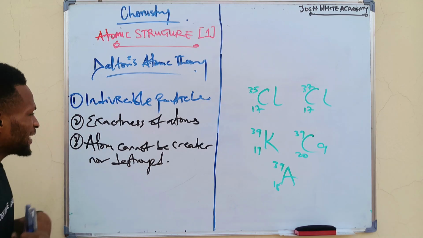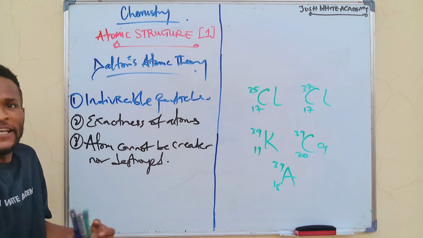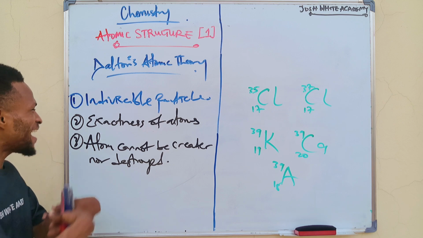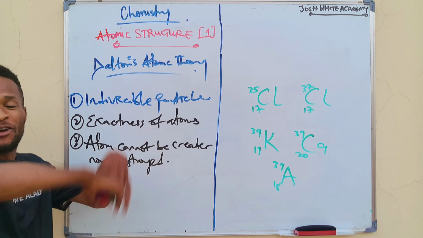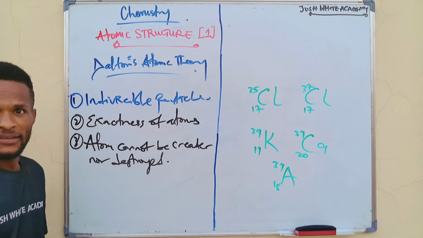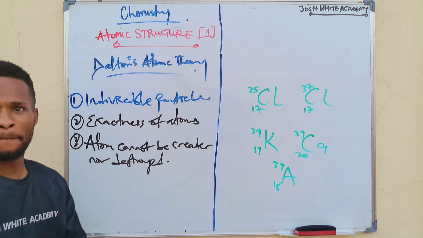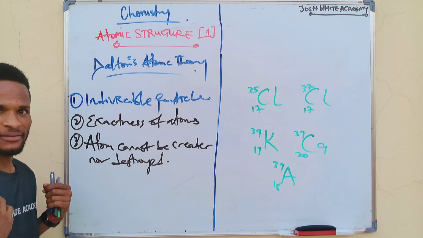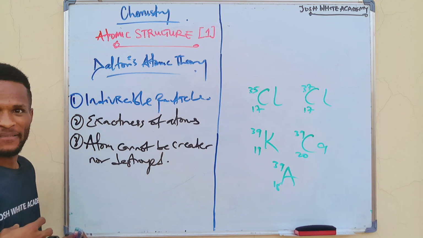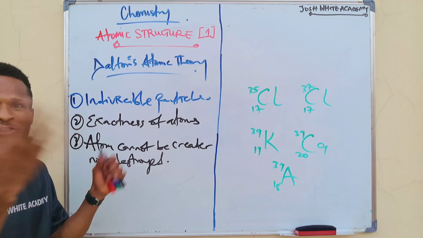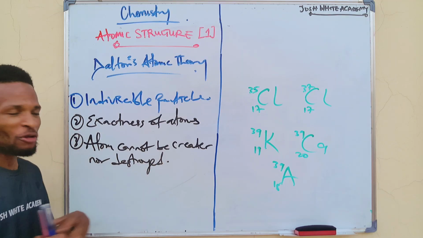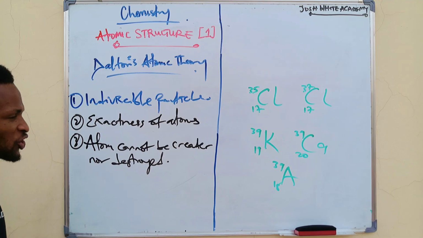But the discovery of radioactivity, where an element like uranium can be split to form smaller elements, shows that atoms can be destroyed and new elements can be created through nuclear fission or even nuclear fusion. So this only holds true for ordinary chemical reactions.